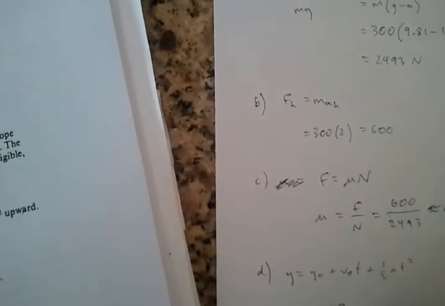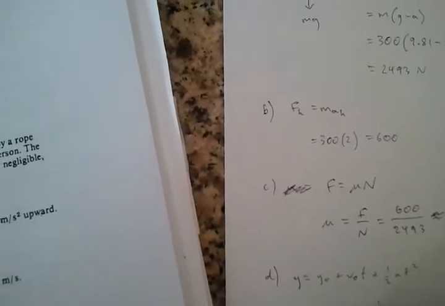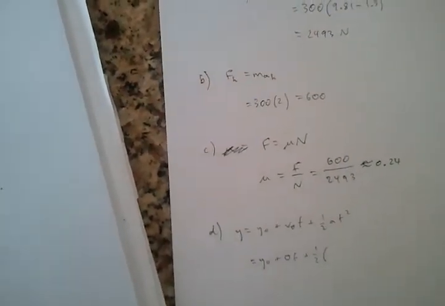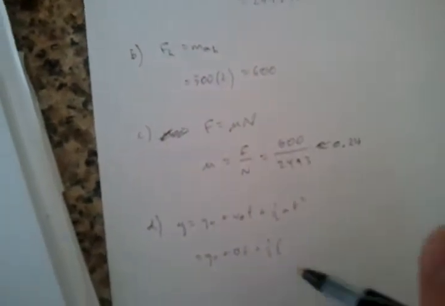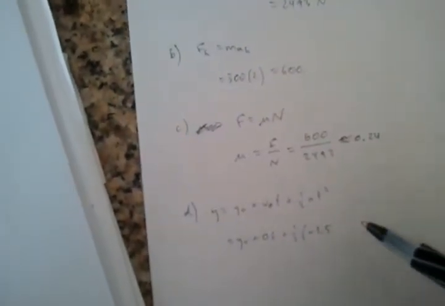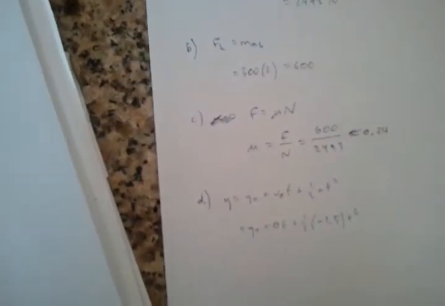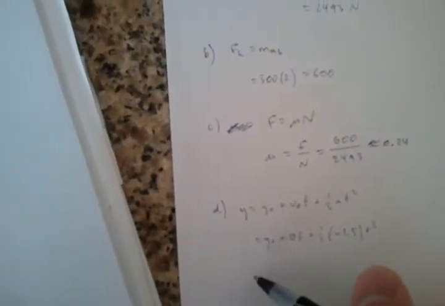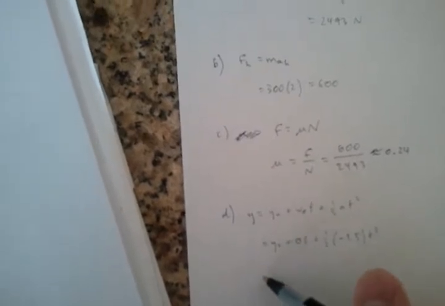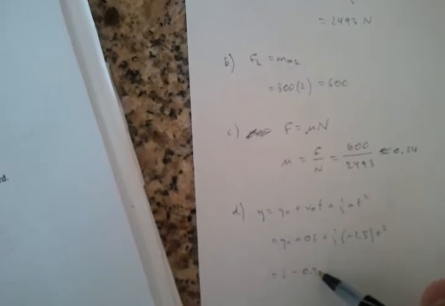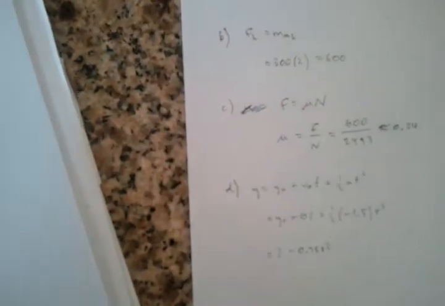Your initial velocity was 0 plus 1/2 times the acceleration. The box is dropping down, so it's negative acceleration. So negative 1.5 times t squared. And to simplify that even further, you were given y naught in the problem, it's 2. Just remove that, minus 0.75 times t squared. There you have your y in terms of t.